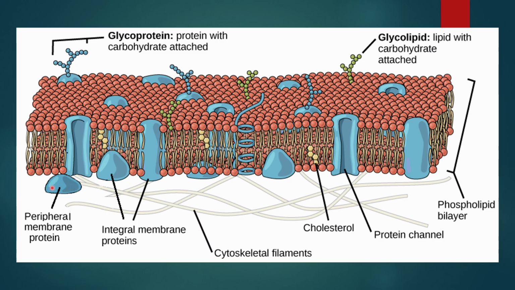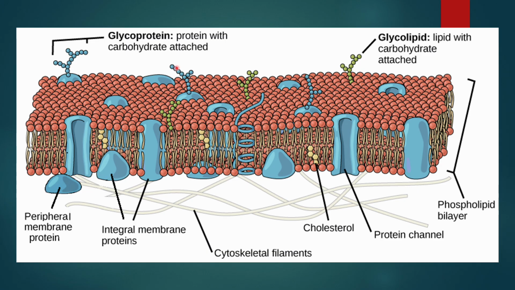You also have peripheral proteins. Peripheral proteins are found on the outside of the cell membrane. And then this is representing a carbohydrate. This is your protein. When you attach a carbohydrate to a protein, it's known as a glycoprotein. The glyco is your carbohydrate, and then it's attached to a protein.